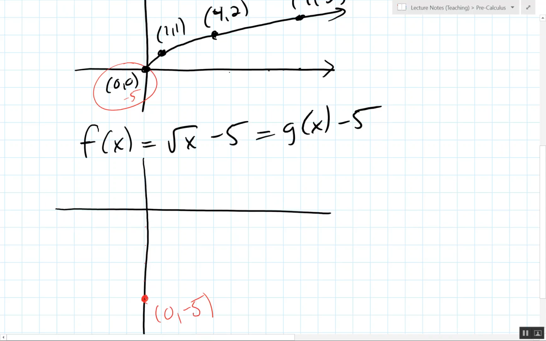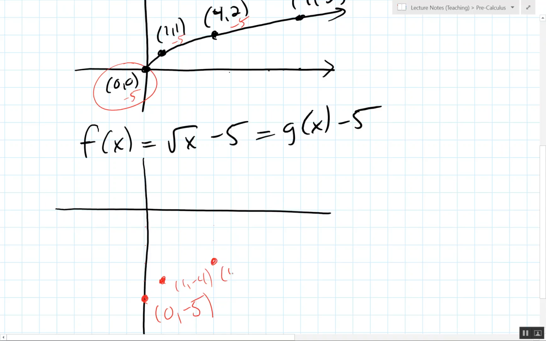Then the same thing here. We take the y coordinate and subtract 5 to get negative 4, so it'll be at 1, negative 4. Then we'll subtract 5 off of this coordinate. We'll get 4, negative 5. Oh, sorry, 4, negative 3. So 4, 1, 2, 3.